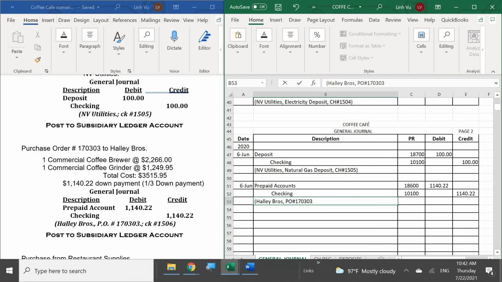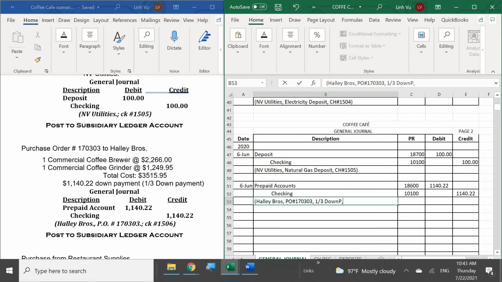So I don't even know what invoice I'm applying this to. Instead, I'm going to say this is directly correlated to my purchase order 303 because that tells me that I ordered a brewer and a coffee grinder. All right. And last but not least, I'm going to make a note that this was a 1/3 down payment.